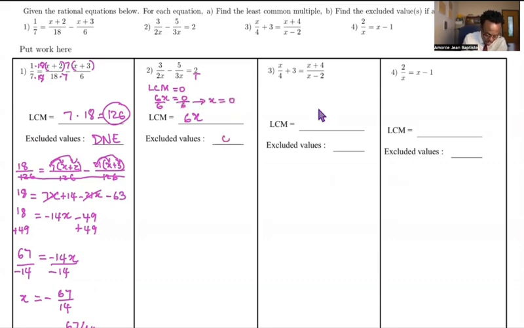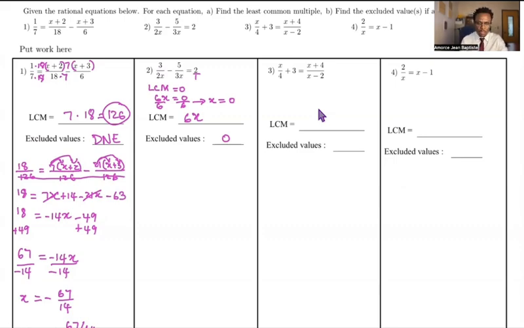So the excluded value is 0. So when solving this equation, if x equals 0 is found to be a solution, this solution will be rejected because it's not an accepted value for the equation.